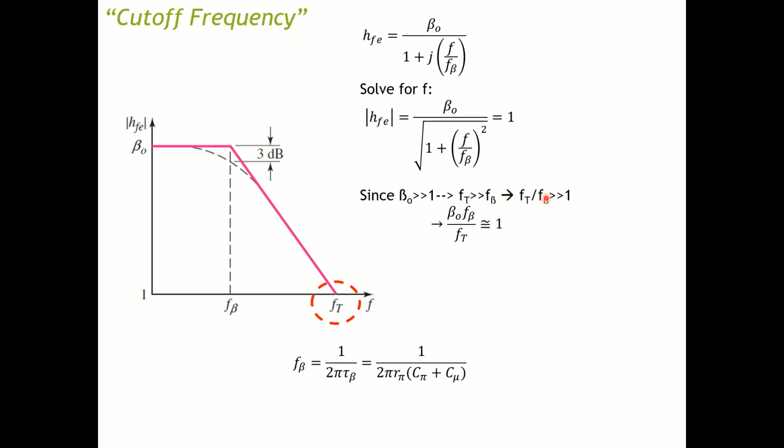Then FT over f beta is a lot larger than 1, and when you square it, this term will dominate the other term, so you can cancel that out too. Therefore, you are left with the square root of FT over f beta squared. You cancel out the square, and you are left with this, which you can set equal to 1 and solve for FT easily. So now I have my equation for FT to be beta multiplied by f beta.